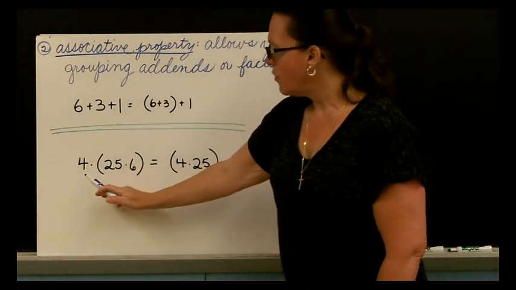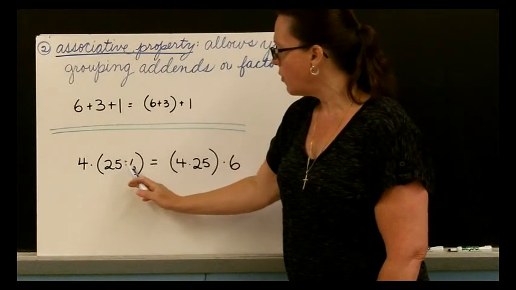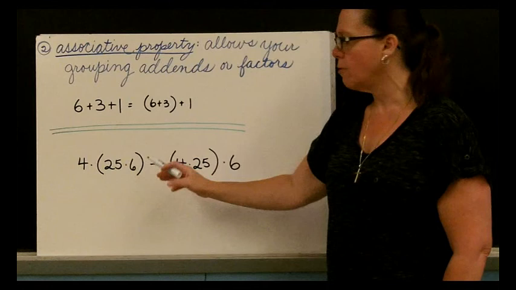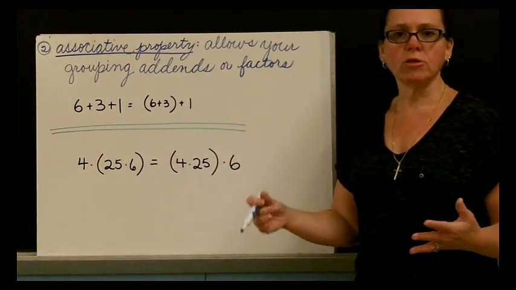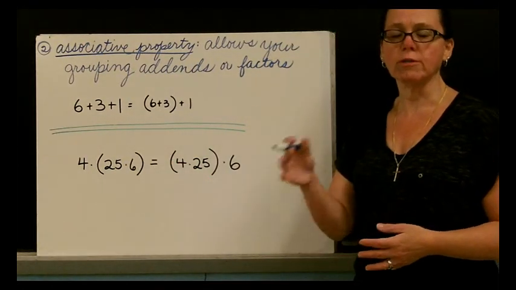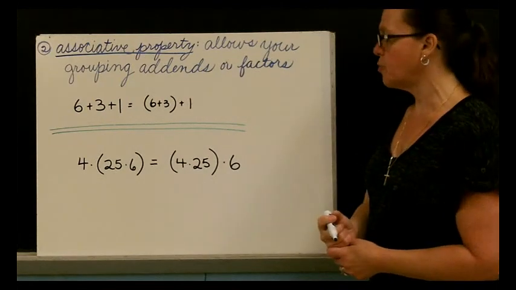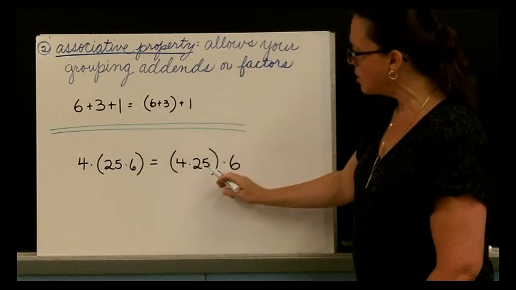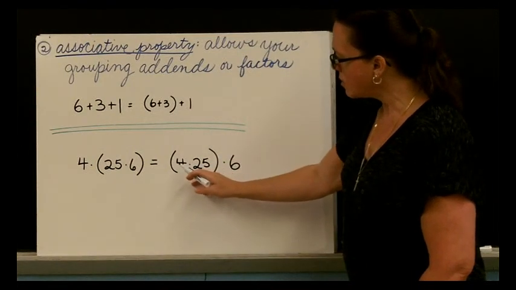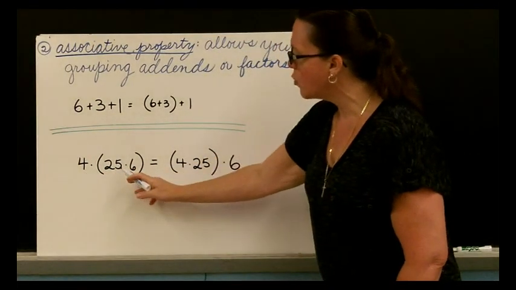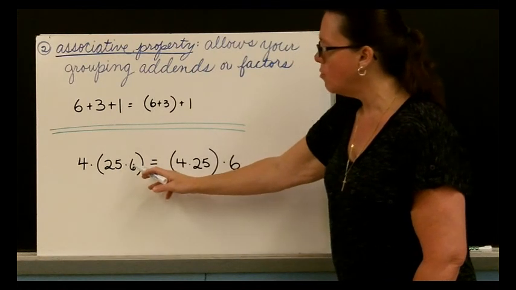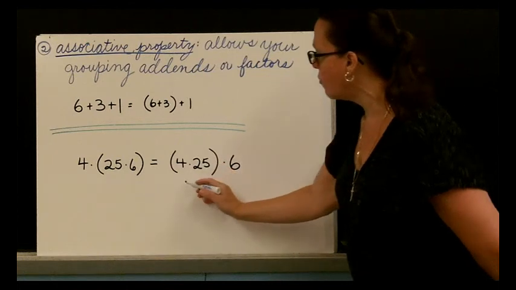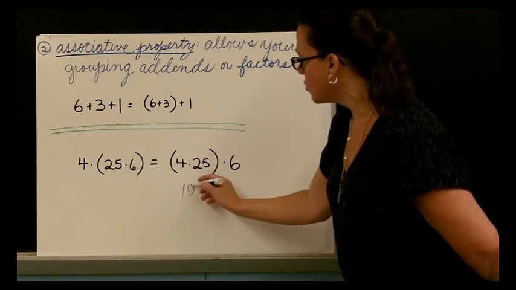Here we have three factors, 4 times 25 times 6. Sometimes you'll see this with a grouping already made, and sometimes you'll see this with no parentheses, just the factors in the expression. But what I did, because I found, for me, what's easier, is that I noticed that we have a 4 and a 25. And I know that you know right away that when we multiply 4 and 25, we get 100.